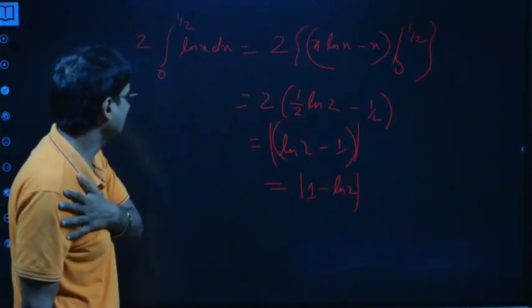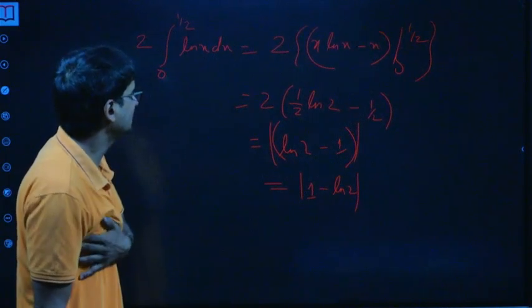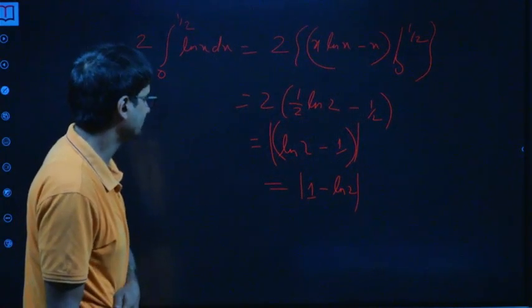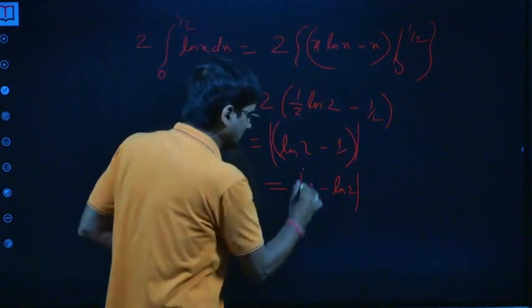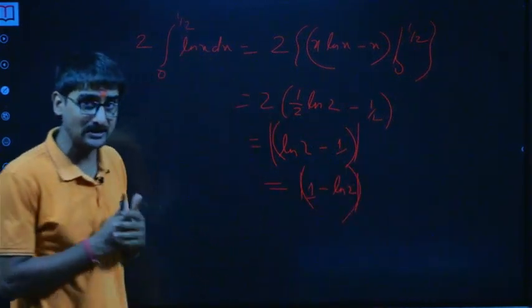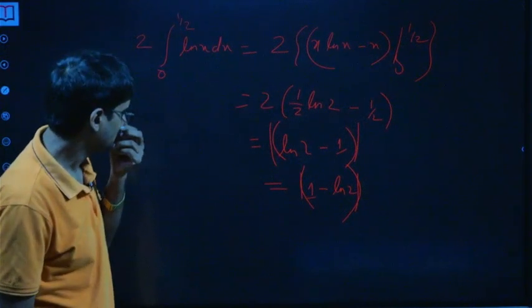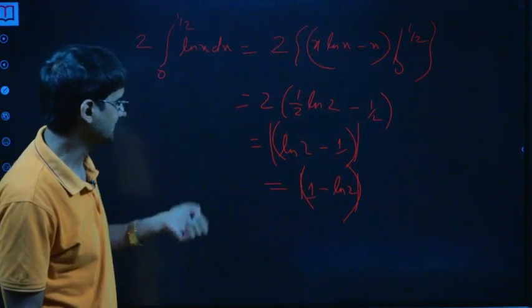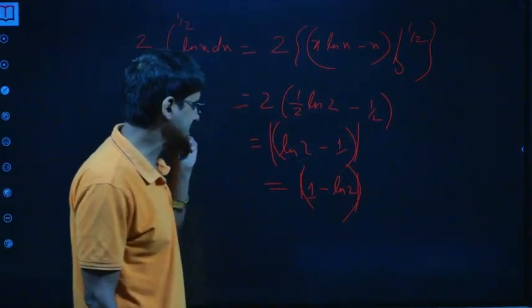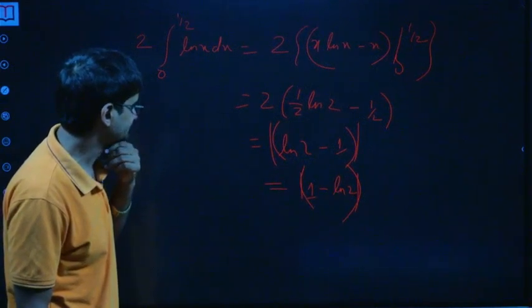Isn't that half ln half minus 1, and then you put 0, everything gets 0. Why? Because see, 1 is greater than ln 2, ln 2 is negative. In any case, everything got positive, no?